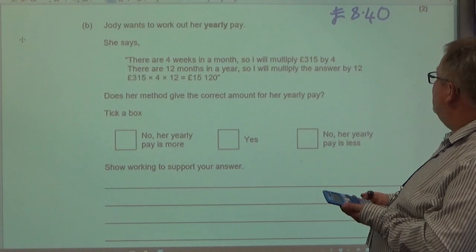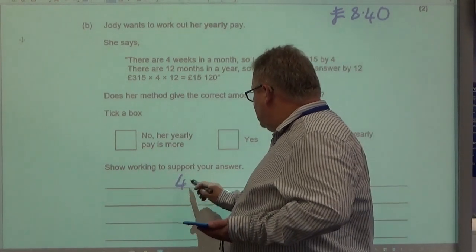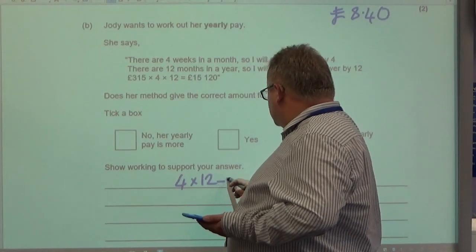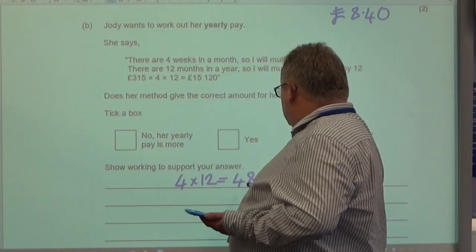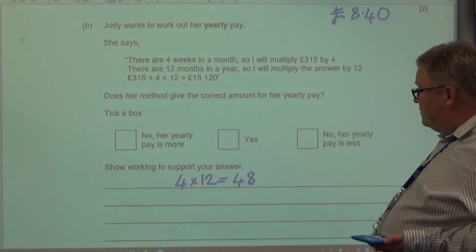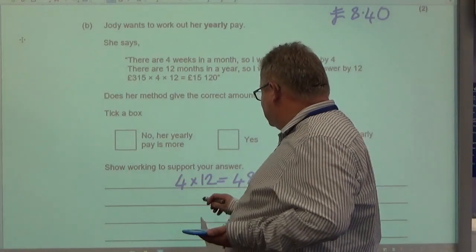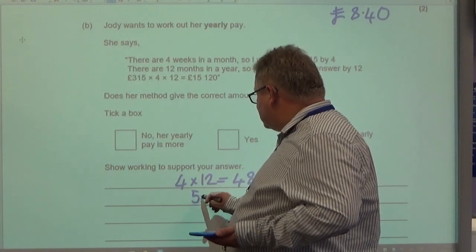Well, no, it doesn't actually, because 4 times 12 equals 48. So by my reckoning, she's not been paid for 4 weeks of the year. What she actually needs is that we have 52 weeks in a year.